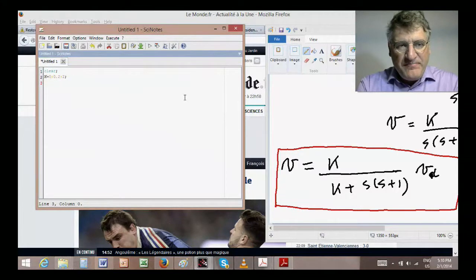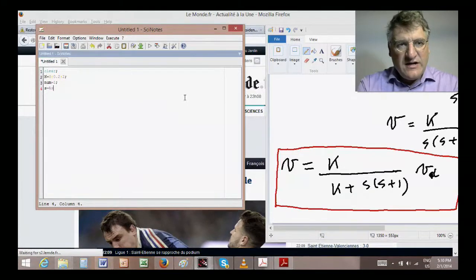We will then define our transfer function. We'll write that the numerator is equal to 1. We're going to introduce the variable s as a symbolic variable, in such a way that we are now going to run a loop.